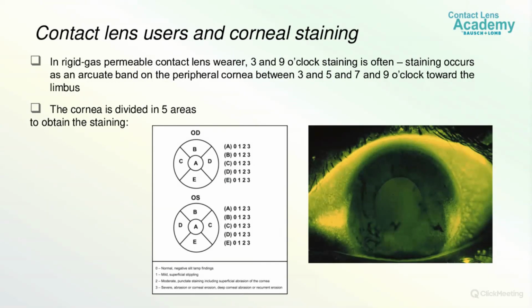The cornea is divided into 5 areas to assess the staining. You can also mark in each area where you saw the dryness, like these dots, and then you count them and choose which scale letter it is.